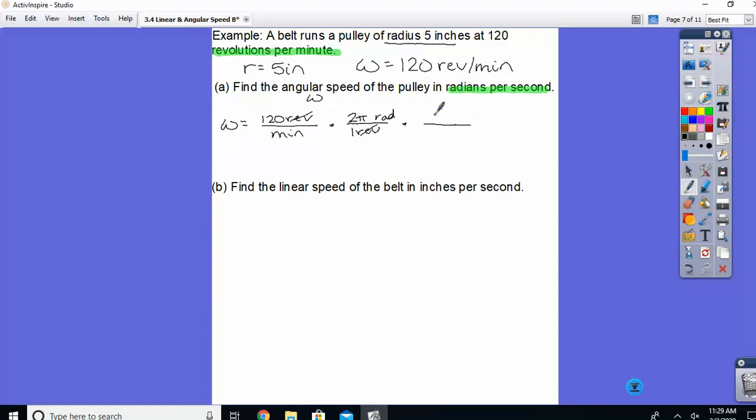So we can say 1 minute is 60 seconds. So you're doing 120 times 2 pi divided by 60, and we get 4 pi radians per second.